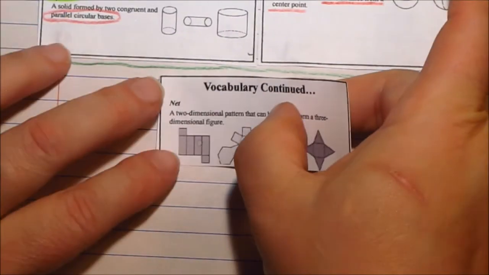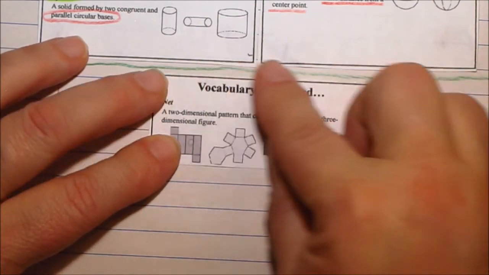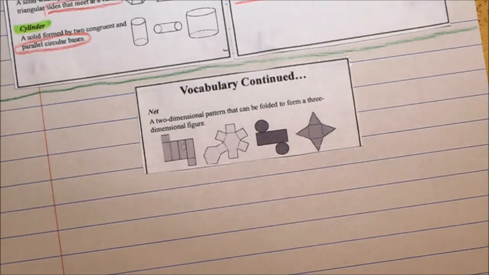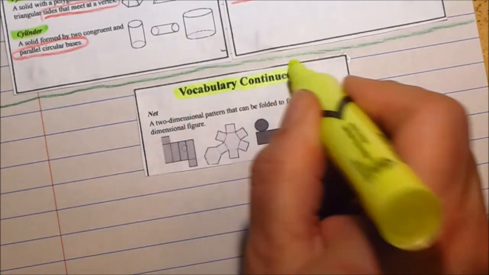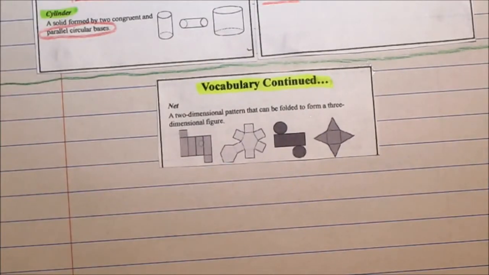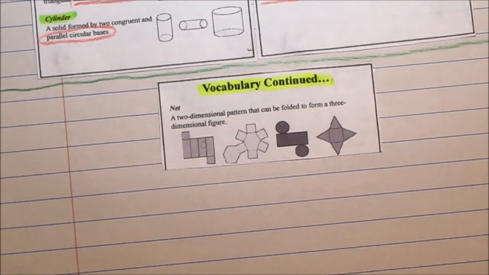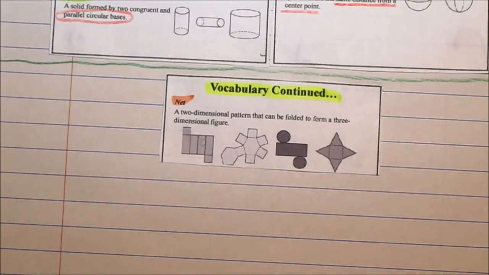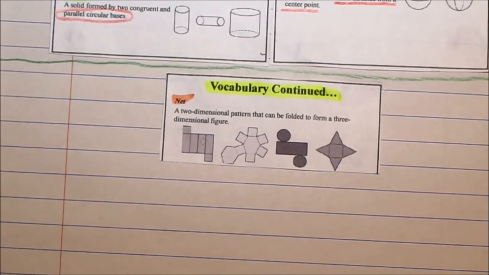Okay, so the vocabulary we're talking about here now is a net. And again, we'll outline here. Lots of vocabulary in this lesson. And we're talking now about what is a net. It's not something you catch fish with. Nope, we're talking about something very different here.